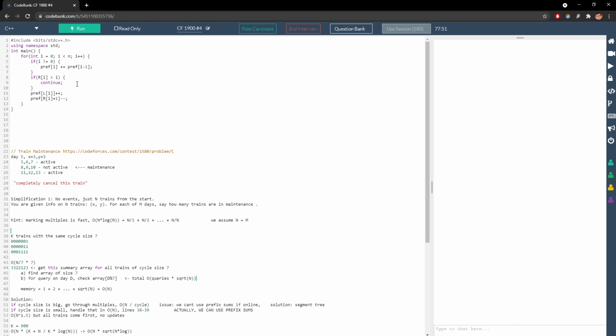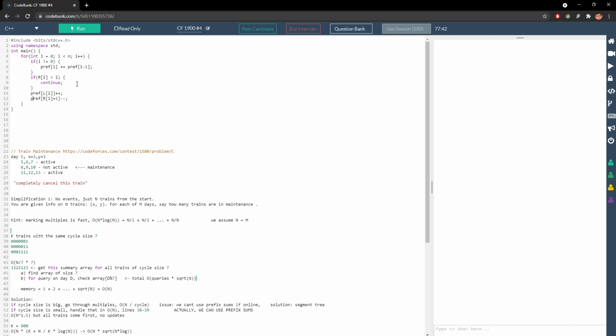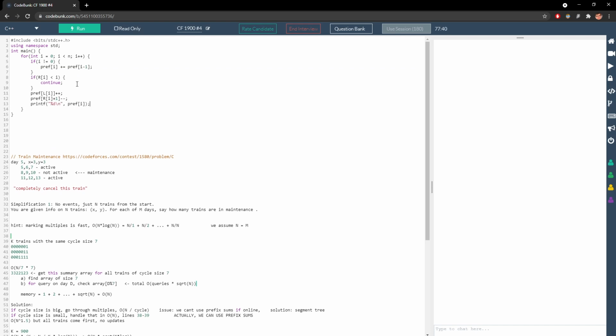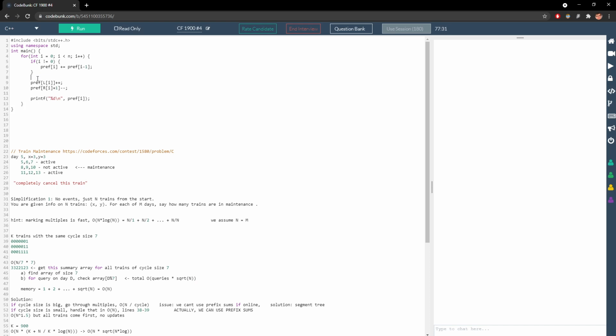Because on every day, my goal is just to print prefix of I. I guess I should do it here, because this is the answer. And even without that, this code works if on every day you would be given information that there will be a train in maintenance in some future interval of days.